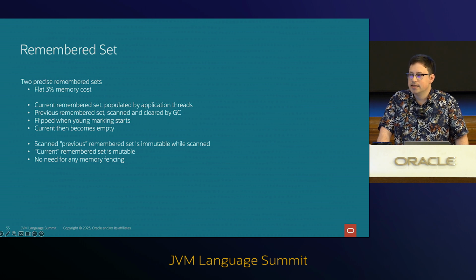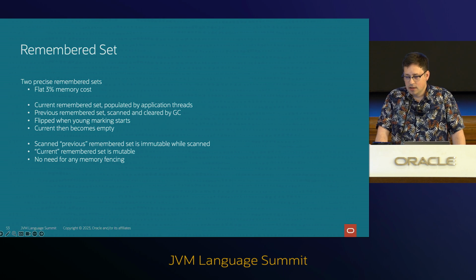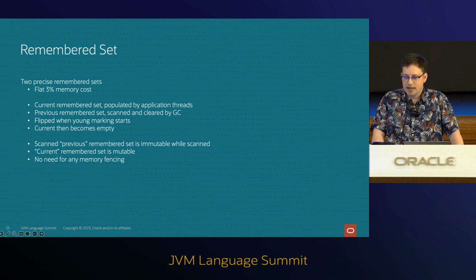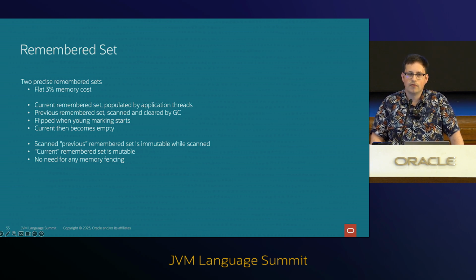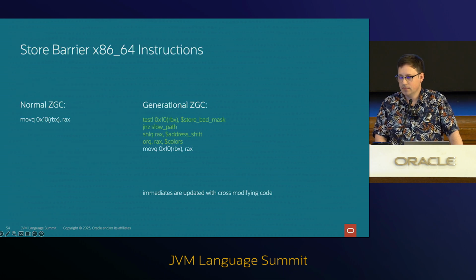The application is inserting entries into a different remember set called the current one, and these 2 flip when we start marking. So the cost is 3% memory, and the nice thing with this is that we don't have any fencing around the store barrier, which you can typically end up having if you have concurrent clearing and scanning of remember sets.